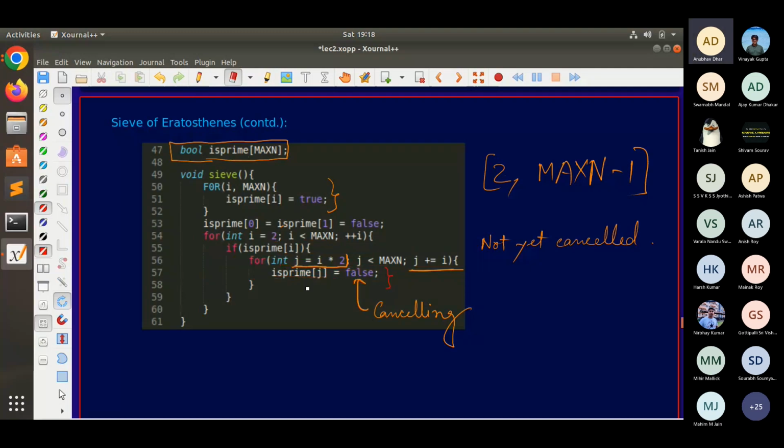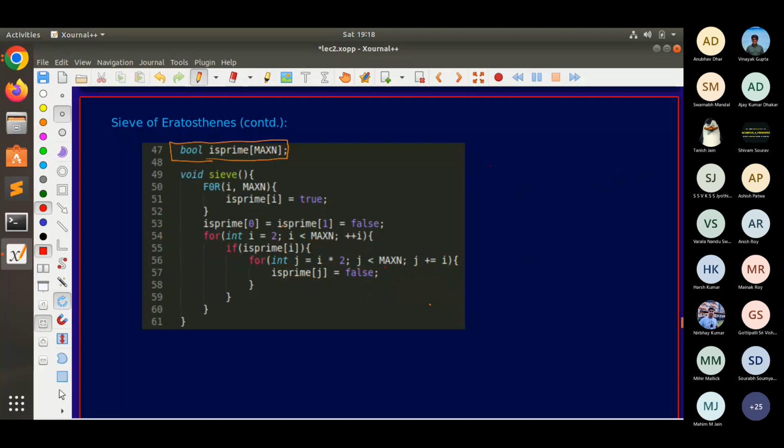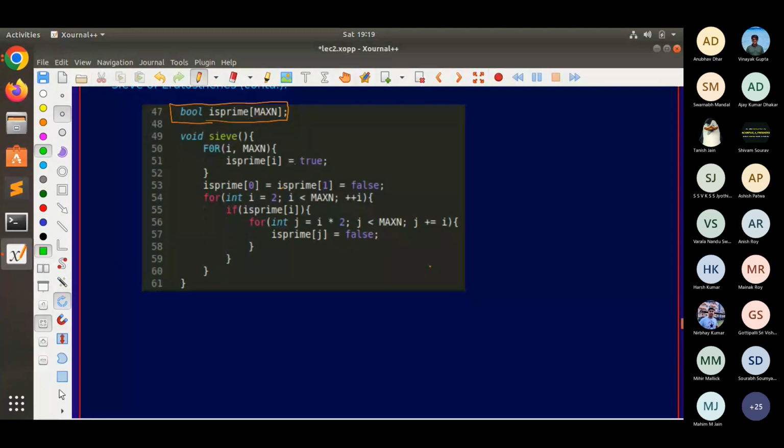So anyway, can someone tell me the complexity of this thing? Anyone? Just have a look. Sorry, the voice was not audible. Order n log n, right?